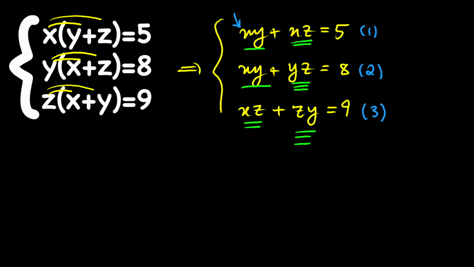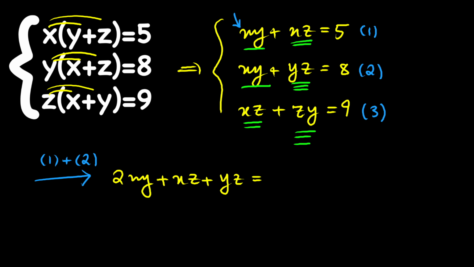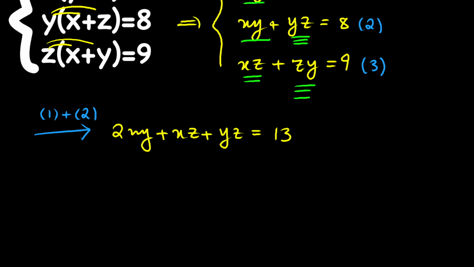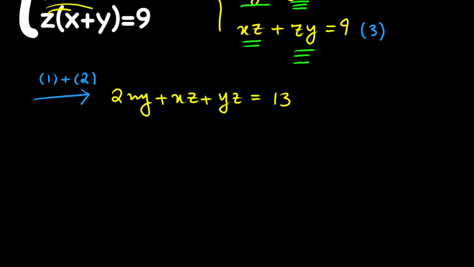And since we have x times y in the first one and in the second one, I'm going to go ahead and add these two equations. So from that, I will have 2xy plus xz plus yz equals 5 plus 8, which is 13. Now, notice that based on the third equation, xz plus z times y, which is this, is equal to 9.